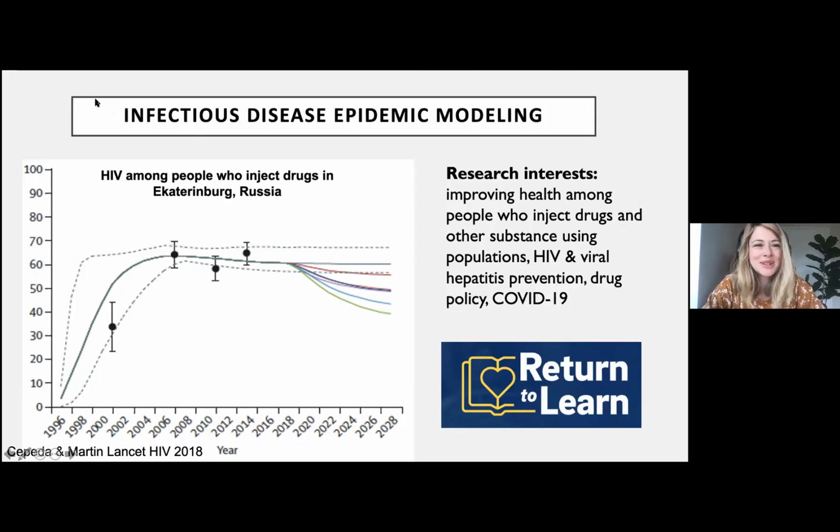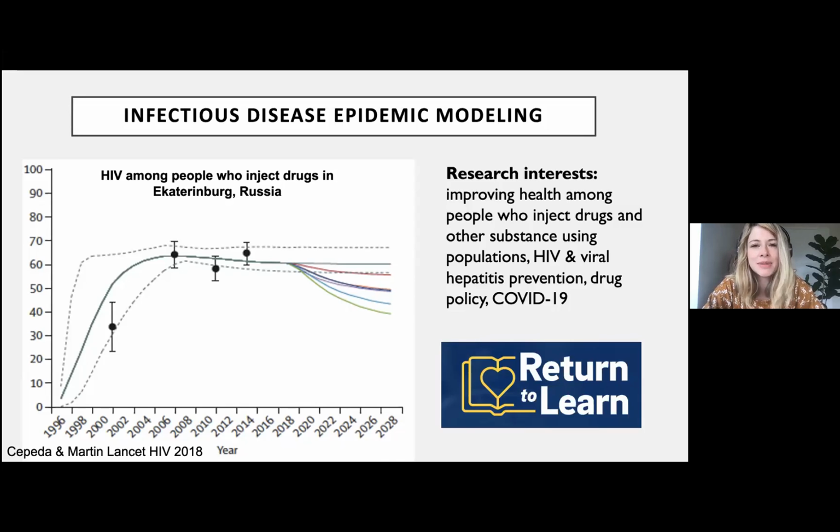Within that broad area, I have a particular topical focus, and that is improving health among underserved populations. A lot of my work is among people who inject drugs. I have done some work among men who have sex with men and transgender women, as well as female sex workers. So I'm very interested in improving health among those populations, particularly substance using populations, and we often have overlapping risks in those groups.